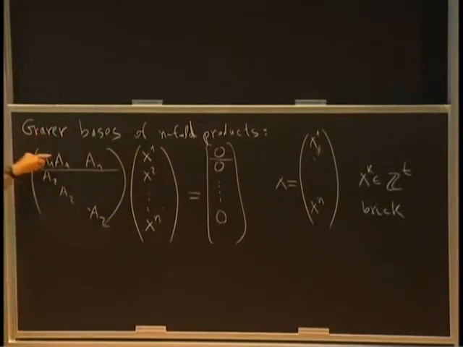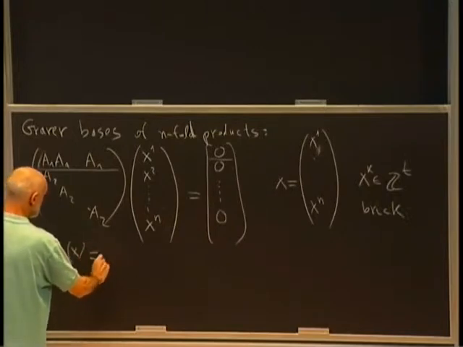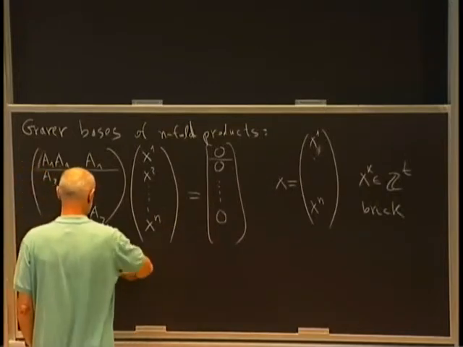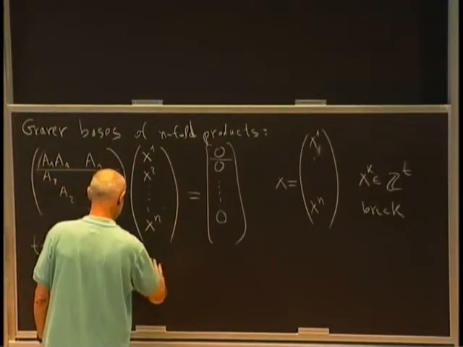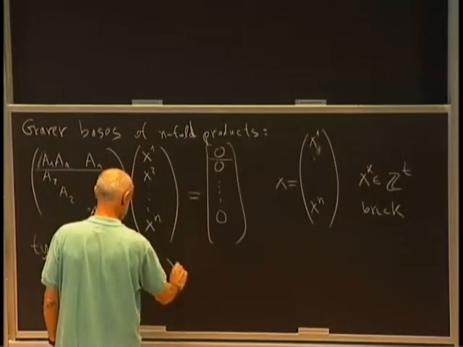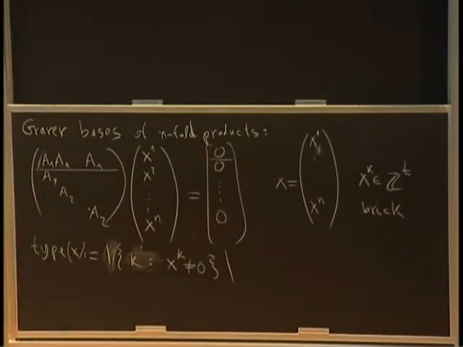This has t columns, so this is of dimension t, and so on, and you want 0. These are the candidates for being in the Graver basis. Let us define the type of x. The type of an integer vector x is the number of non-zero bricks.